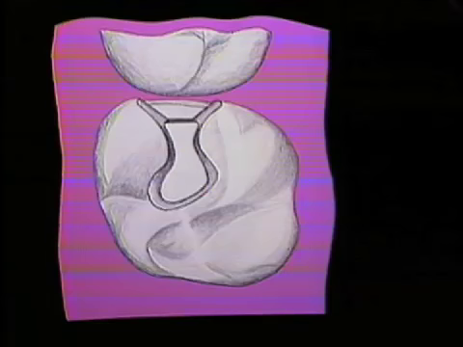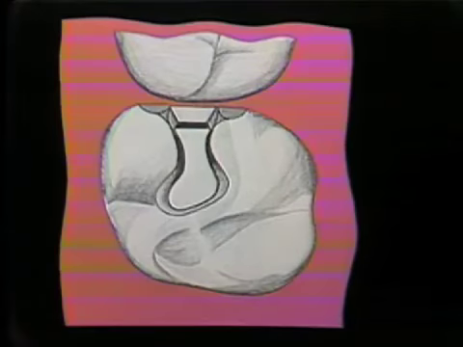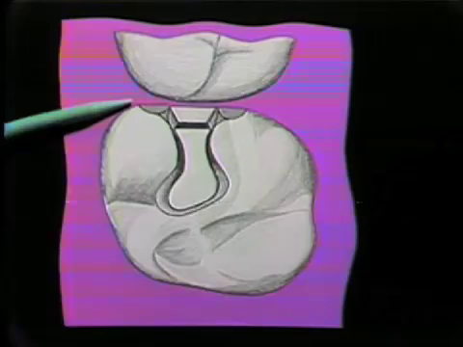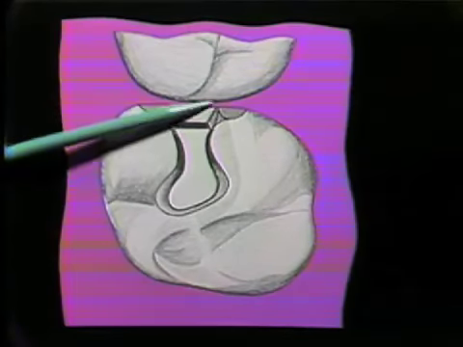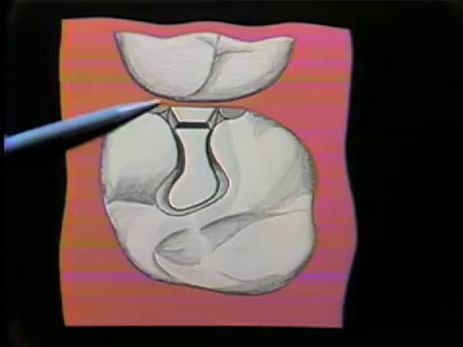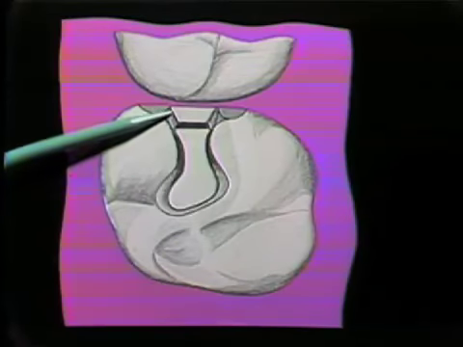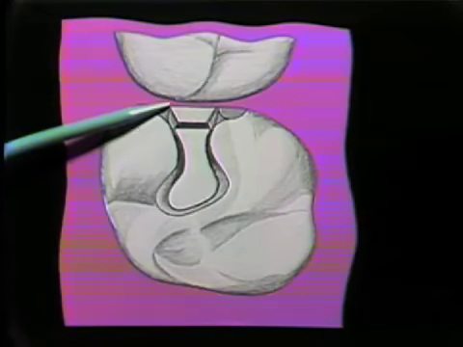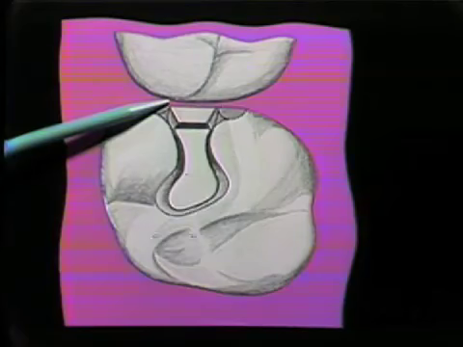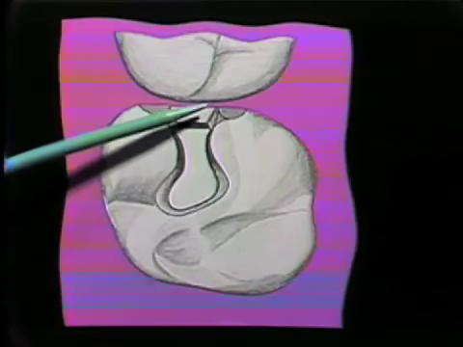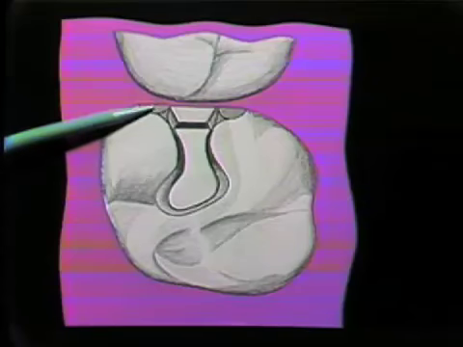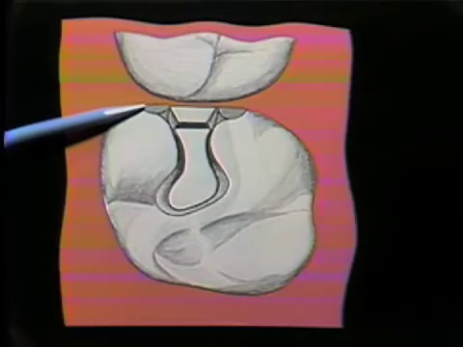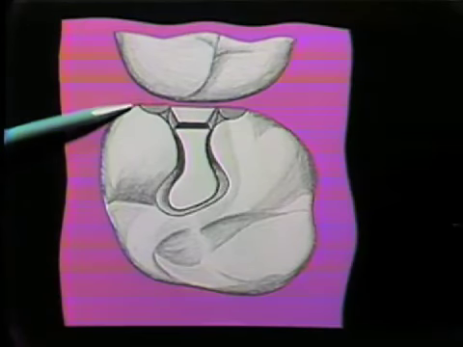In the slice preparation, you will note that we are into immunity with the edge of our slice on the buccal and on the lingual. Now, looking again at the proximal box, you will notice that it is not in immunity here before we start with the slice on either the buccal or the lingual. Therefore, we have removed only enamel to bring us into immunity.